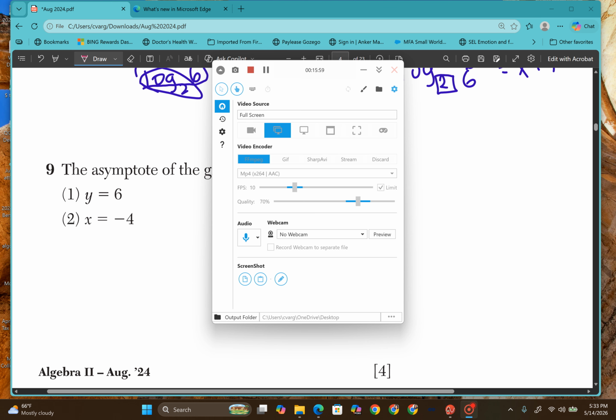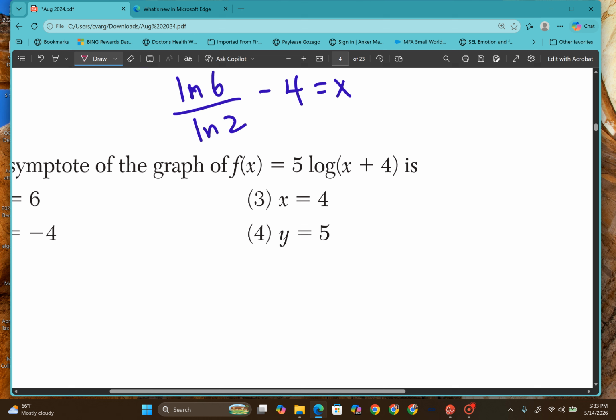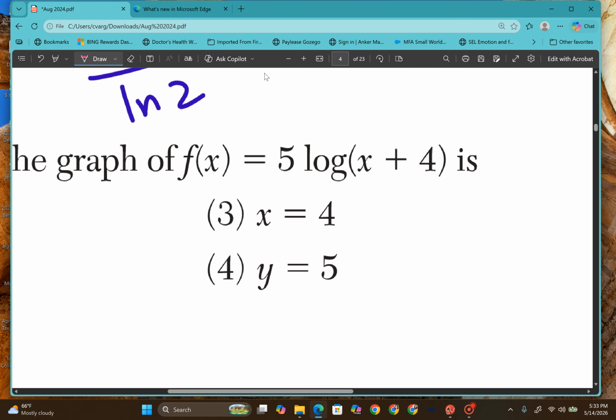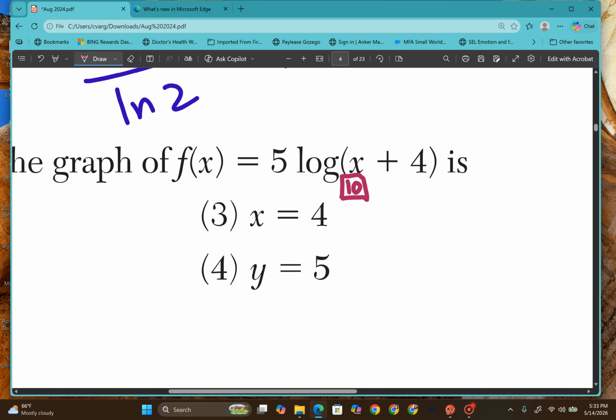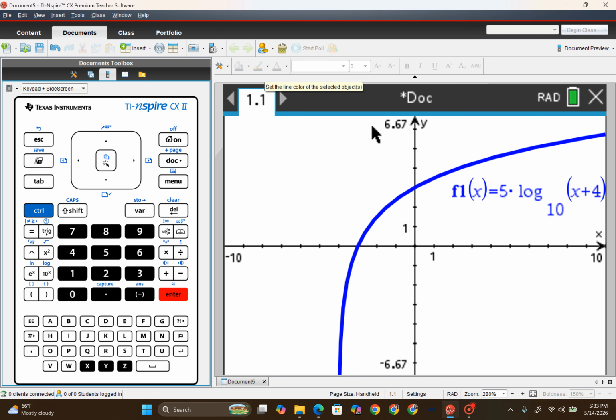Something to note when you're plugging this into the calculator: if there is no number here at the bottom, there's always an imaginary 10. You do need to know that because when you plug it into the graph, you see how it says log and it's going to make you put a number here. So the default is always just 10. Now if we take a look at this, we can see that there is an asymptote.